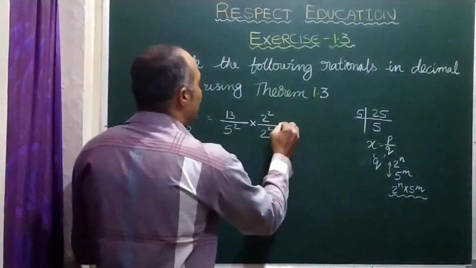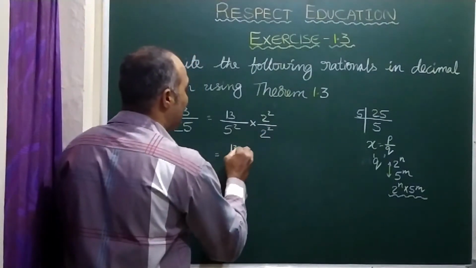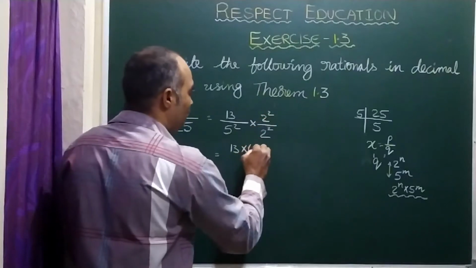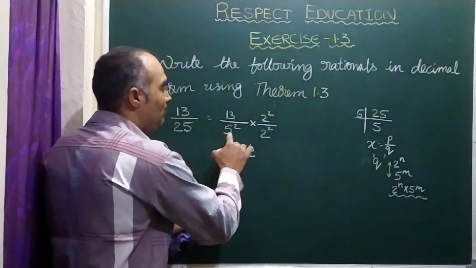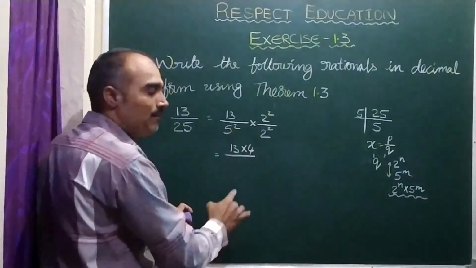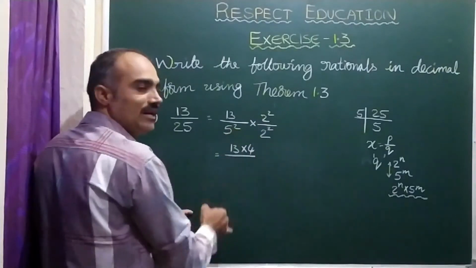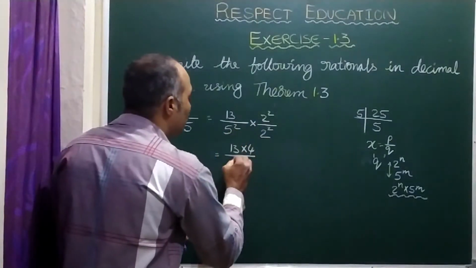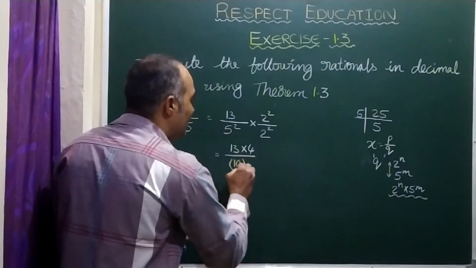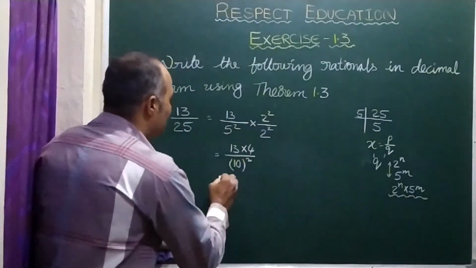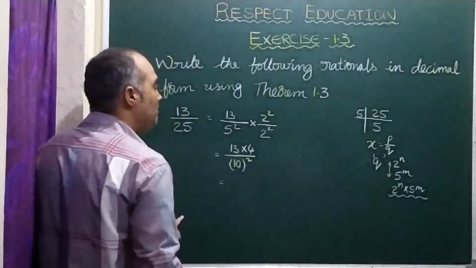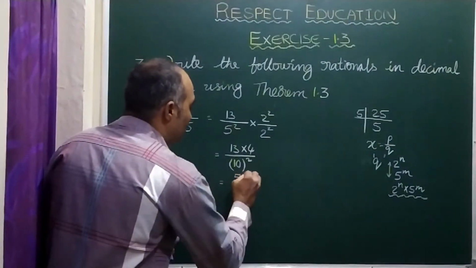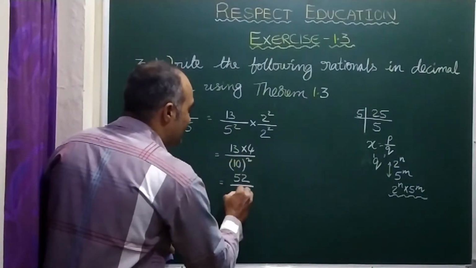So let us rewrite this as 13 into 2 square, which is 4, by 5 square into 2 square. I am writing it as 5 into 2 whole square. 5 into 2 is 10, so it is 10 square. So 4 into 13 is 52 upon 10 square, which is 100.